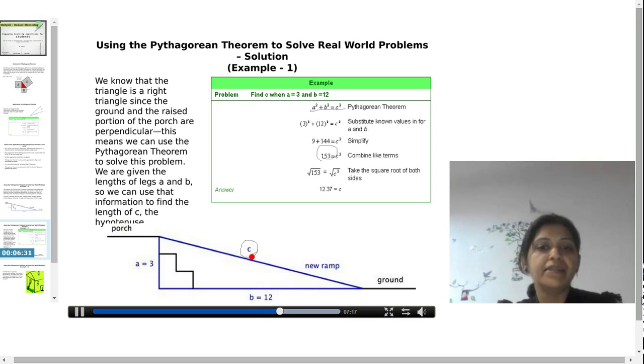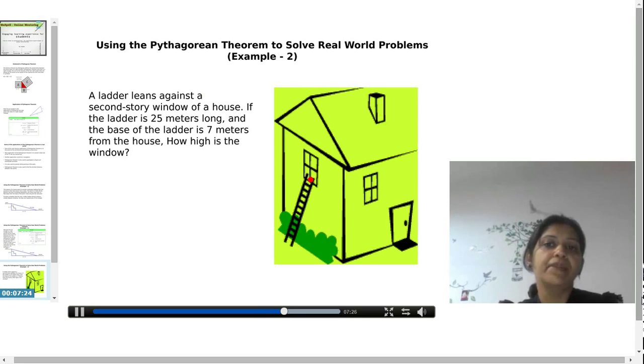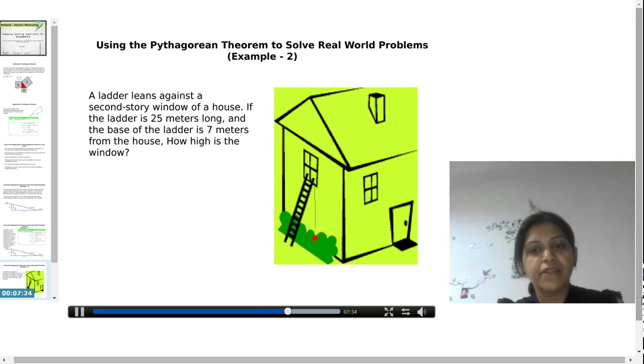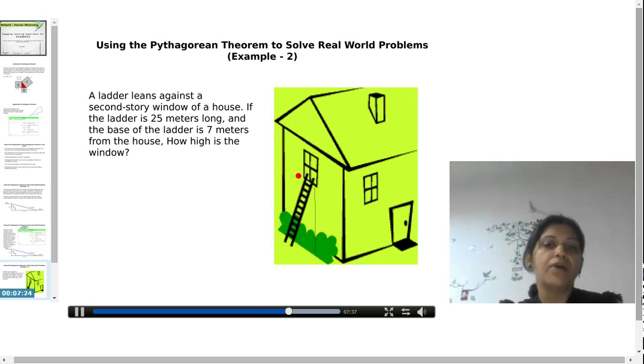So the ramp that is to be built instead of the staircase must be of the length 12.37 feet. So now let us take another example. For example, we have a 2-story building and we have to find the height of the window from the ground, and it is given that the ladder is 25 meters long and the base of the ladder from the house is 7 meters.